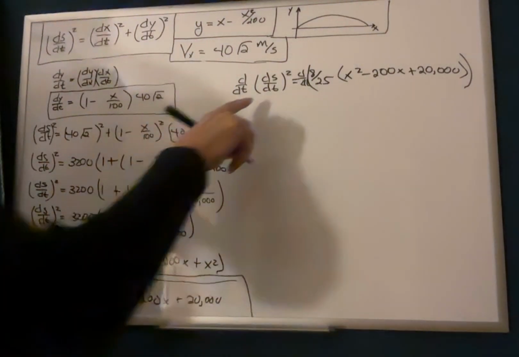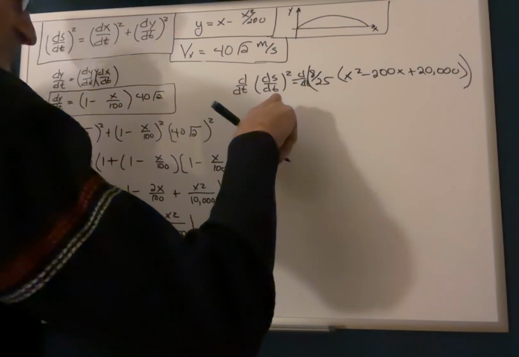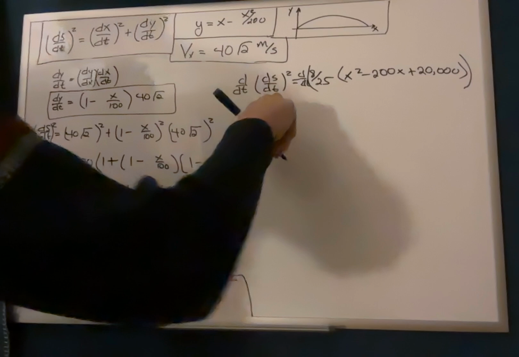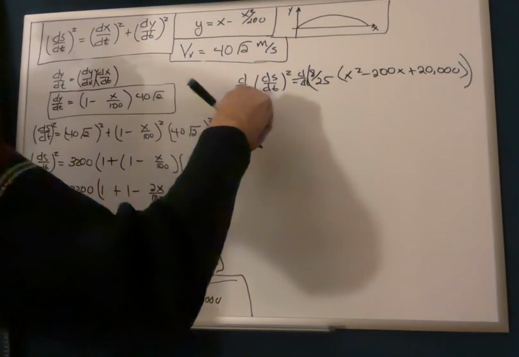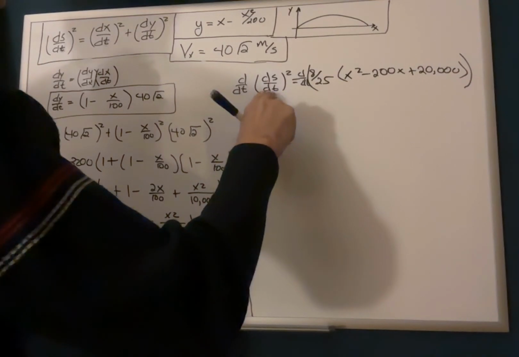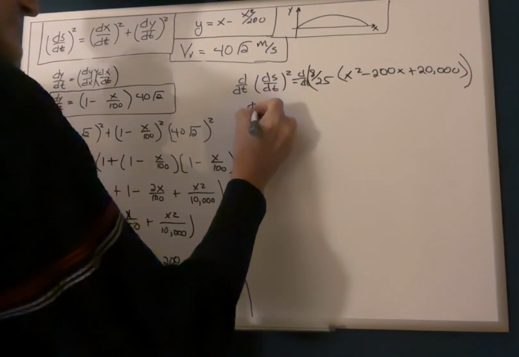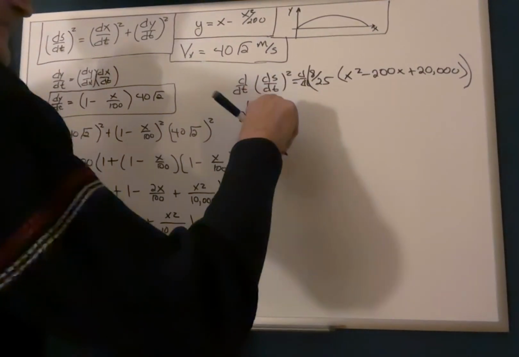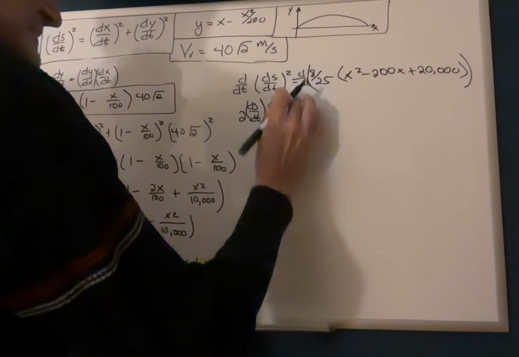So when we take the derivative with respect to t again, now look, this is a differential equation. When you take the derivative of this thing, you have to take the 2 and bring it down here, and then take a derivative of the thing inside. So what you're going to get is 2 ds/dt times the derivative of the thing inside, which is the second derivative of s.